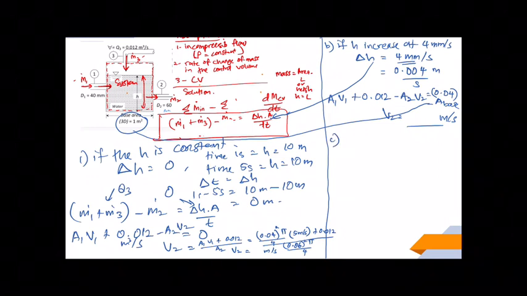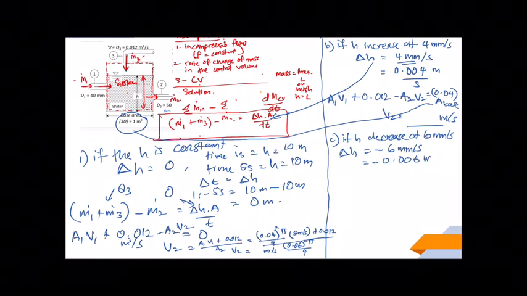Question C: if h decreases at 6 mm per second, so delta h equal to minus 6 mm per second, so convert to meter, minus 0.006 meter per second. So write it back in the equation.